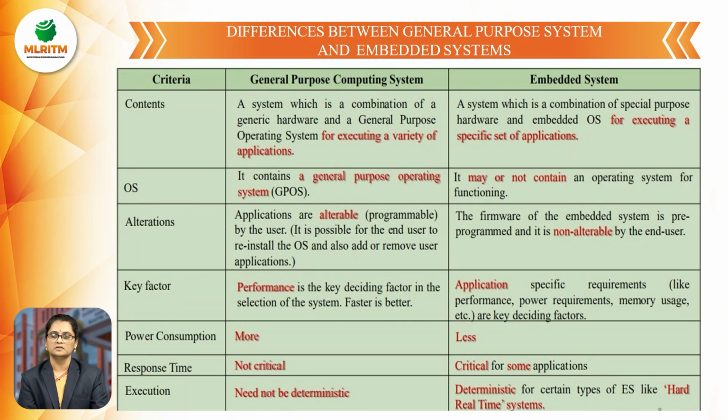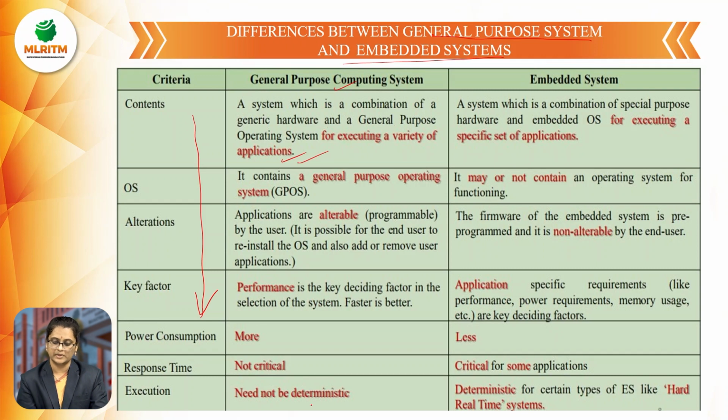And then coming to the differences between general purpose system and embedded system. These are the criteria we can compare. Coming to the general purpose computing system, it is a system which is a combination of generic hardware and a general purpose operating system for executing different types of applications.